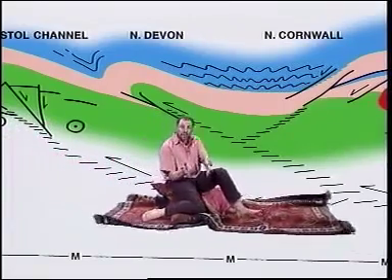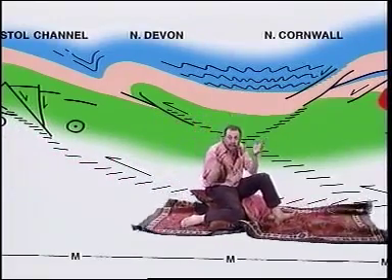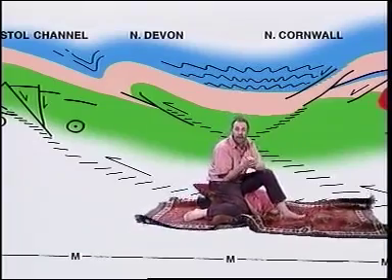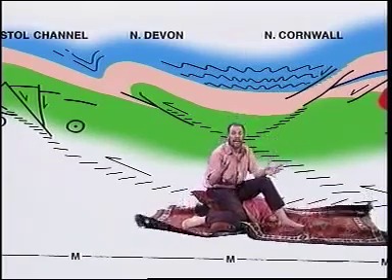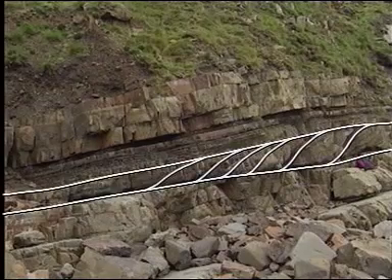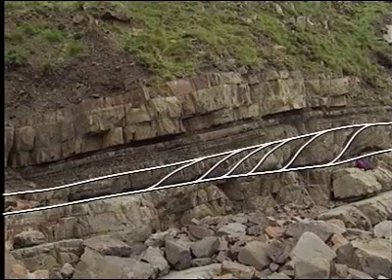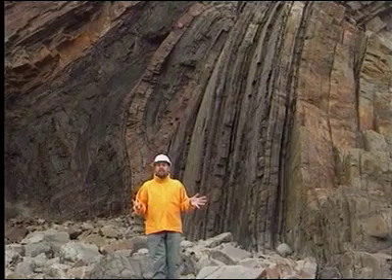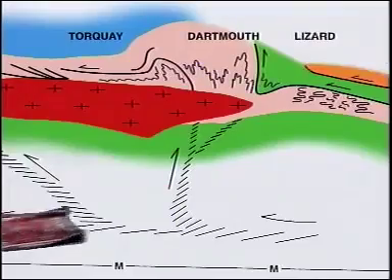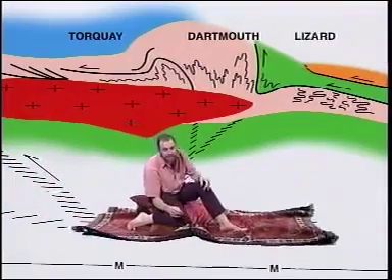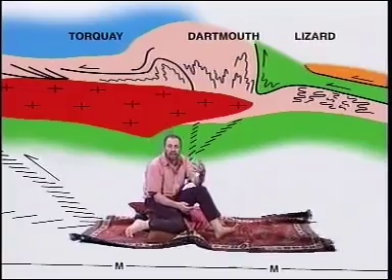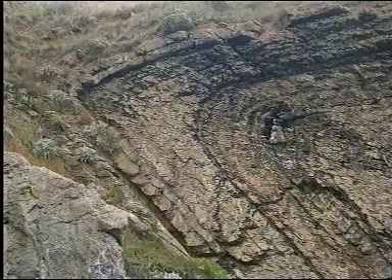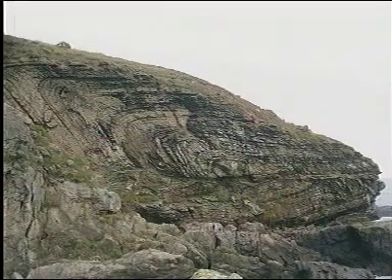Now, the main feature in Devon and North Cornwall is this large syncline in Carboniferous rocks at the surface, but the structures are really, really complicated. This is the sort of thing we saw at Widmouth Bay with the duplex and the thrust on its side. And by South Devon down here, the structures are really very complicated. Over at Torquay, at the Hope's Nose, there's flat-lying folds and thrusts.